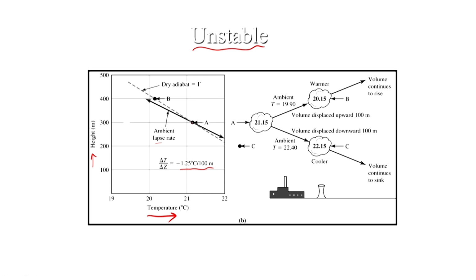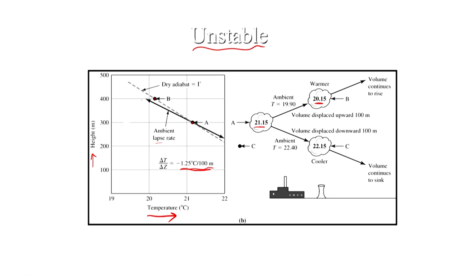So what do we see? A packet of air that's out here. Let's say it is pushed up to B. That's going to decrease by 1 degree centigrade, from 21.15 to 20.15. But obviously, as we see, the ambient lapse rate is relatively higher, so it decreases relatively more.